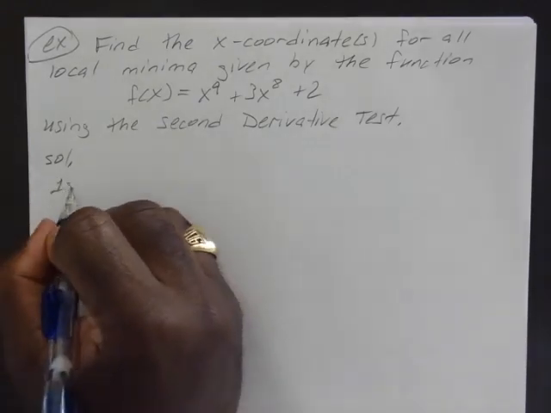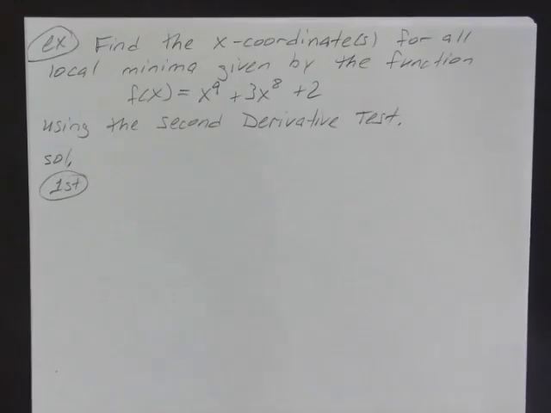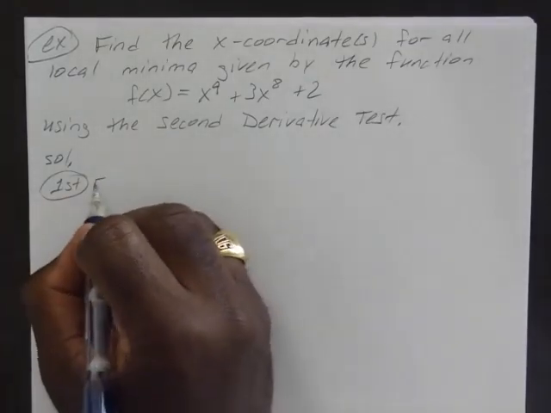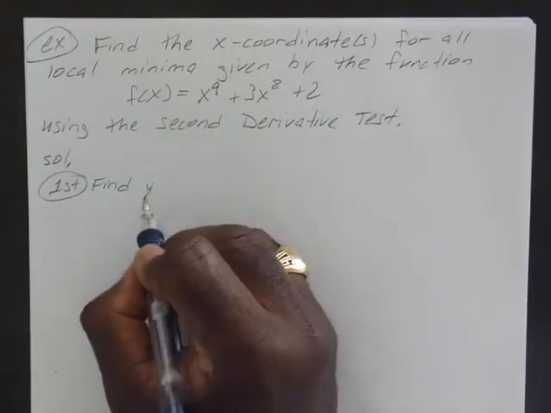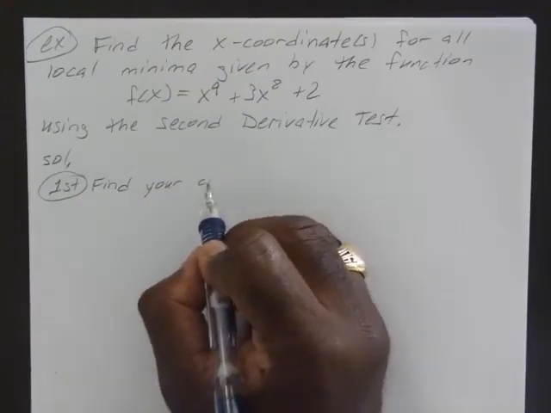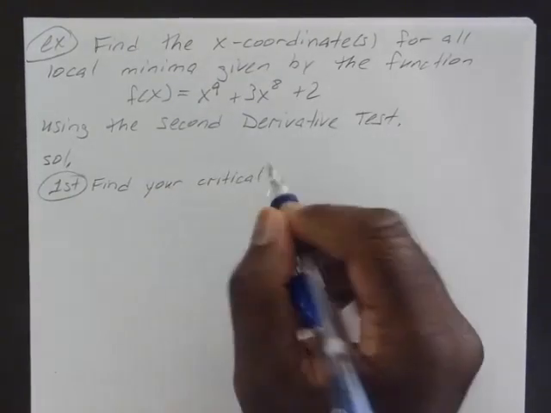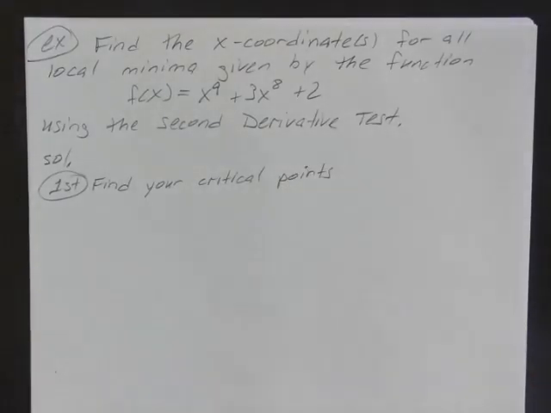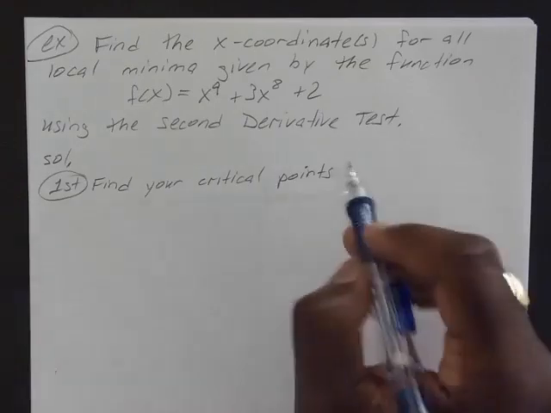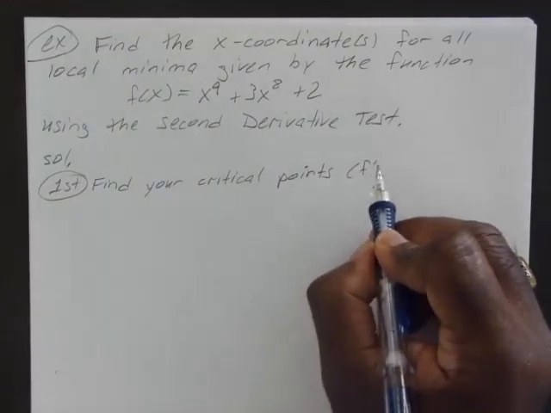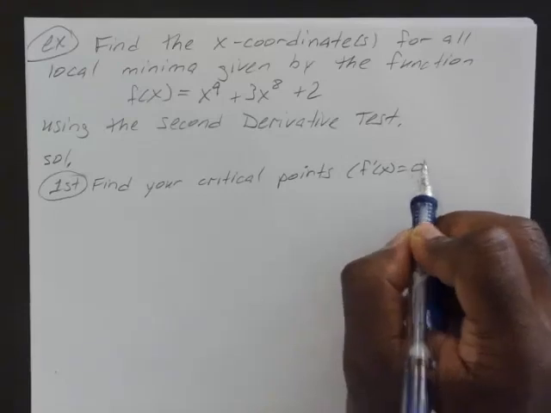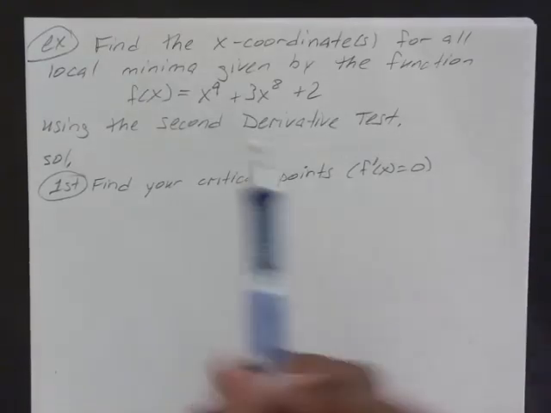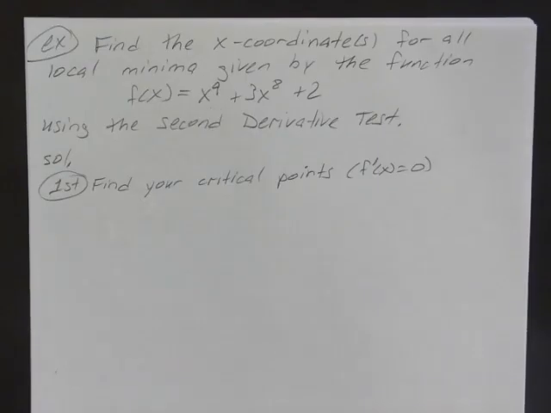So the first thing you have to do is find your critical points, which in this case is just where your first derivative is equal to 0, because it's a polynomial, so there are no undefined values.